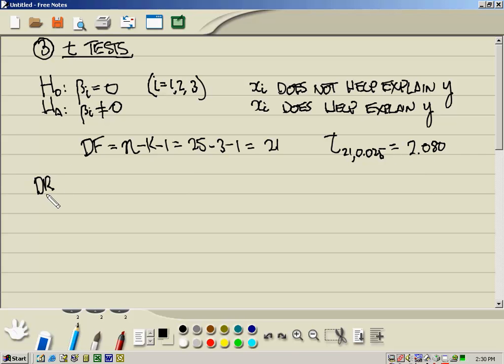And we'll therefore write down our decision rule. First, if t-calc is between plus and minus 2.080, we'll say that the particular x variable, x sub i, is insignificant.